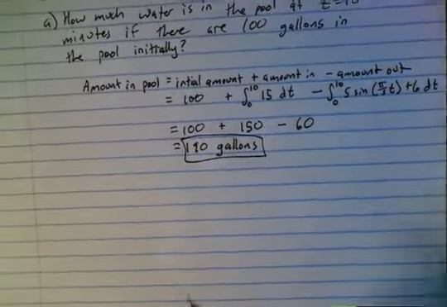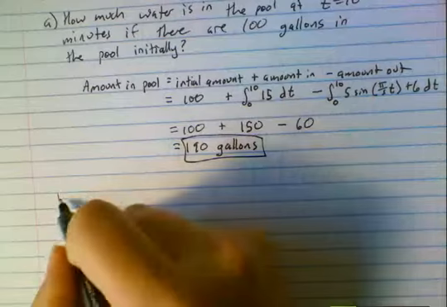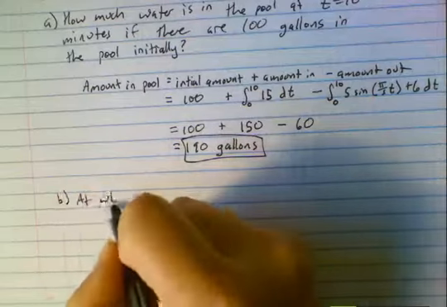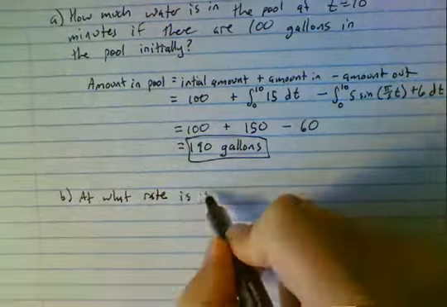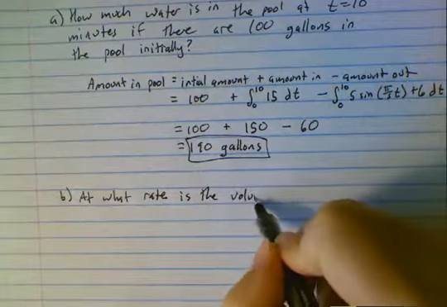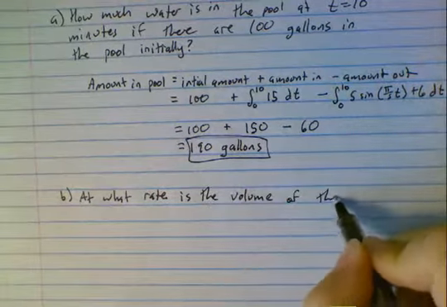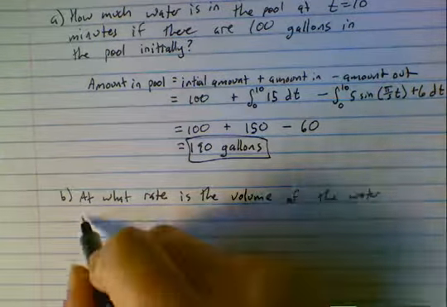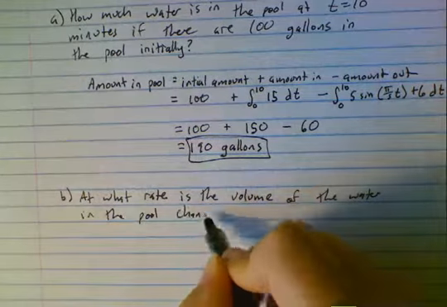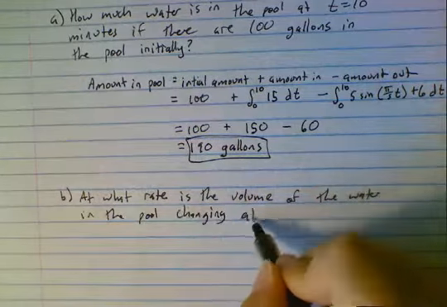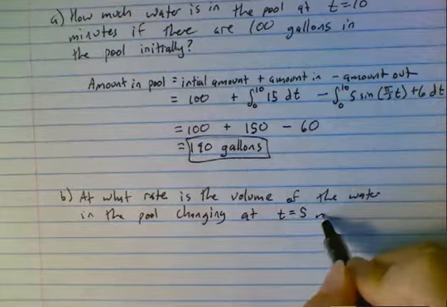We can also be asked something like this. At what rate is the volume of the water in the pool changing at t = 5 minutes?